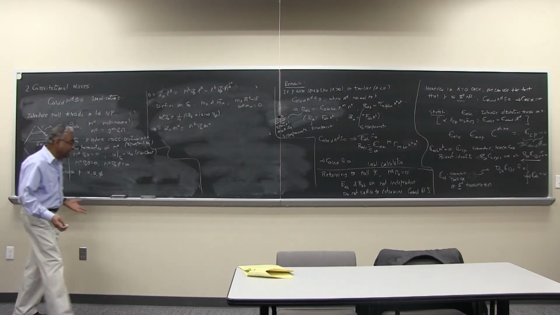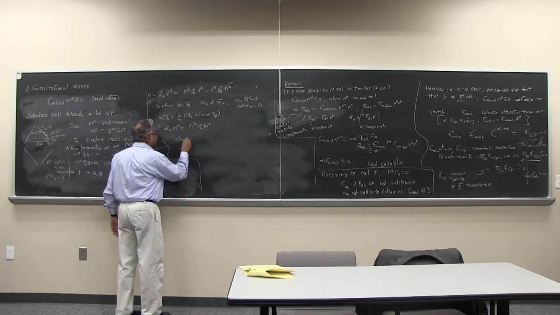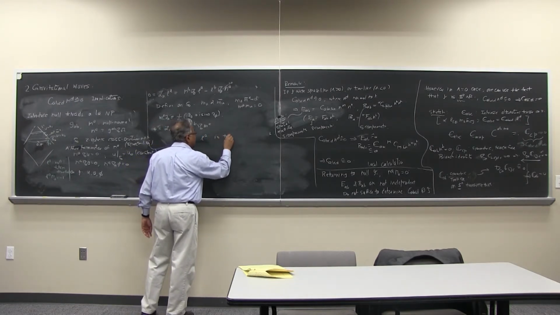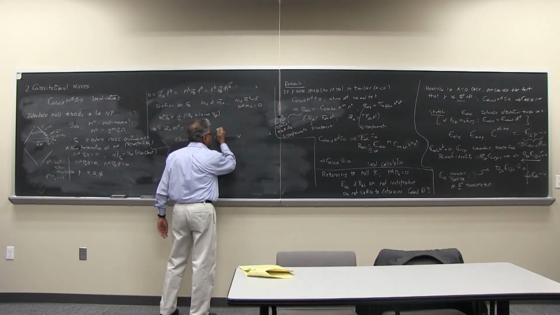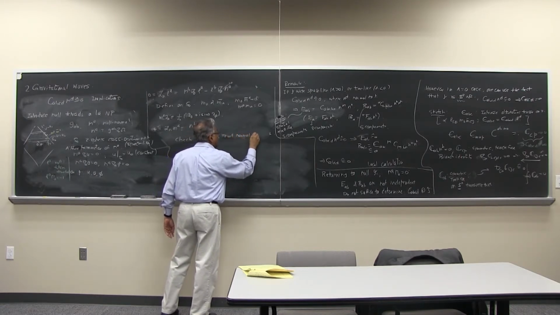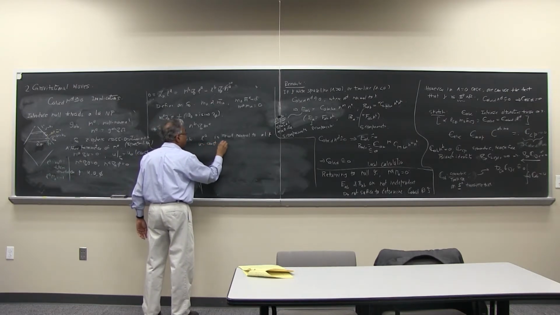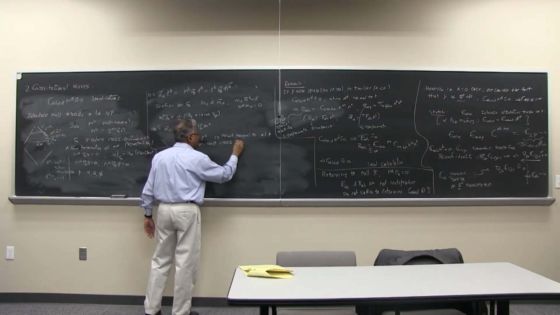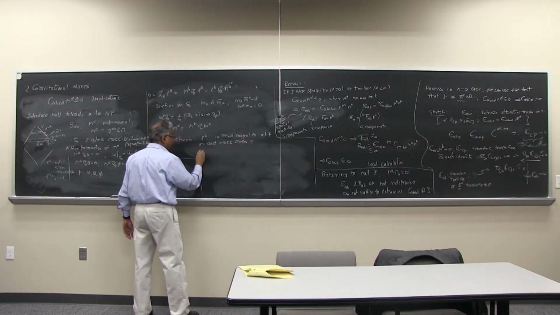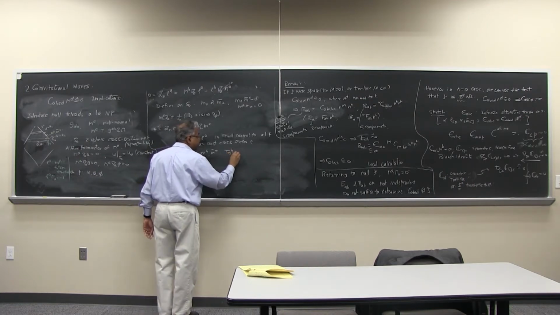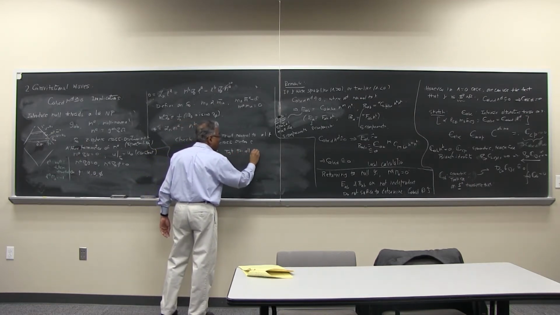And now you can check very trivially that this LA is null normal to all u equal to constant cross sections, and MA and M bar A are tangent to all u equal to constant cross sections.